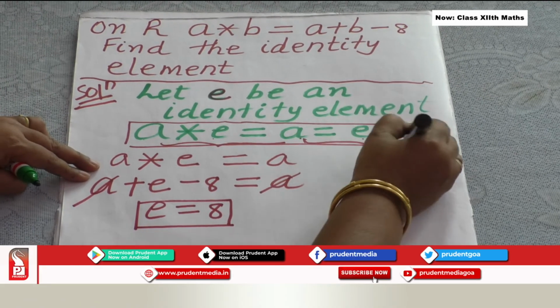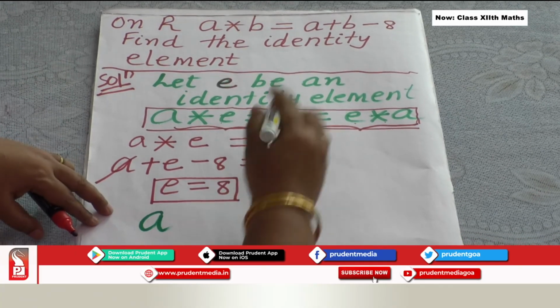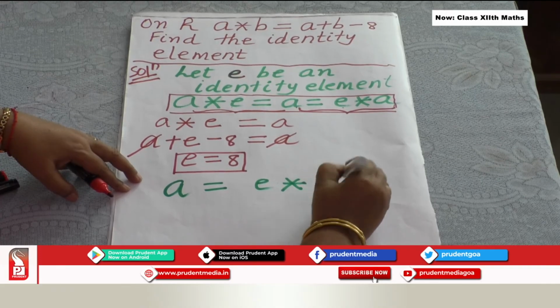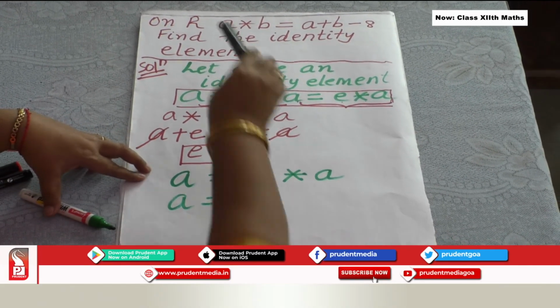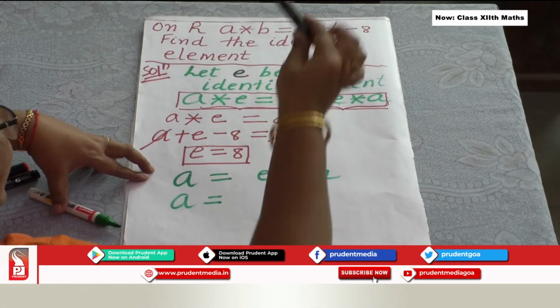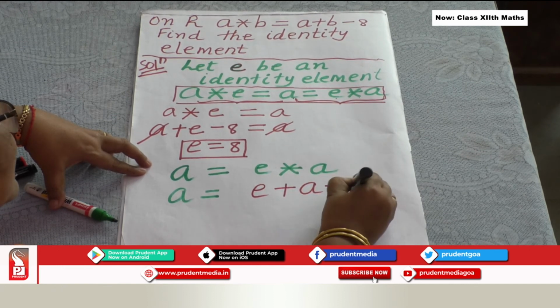Now I have to check the other side also. So I will write A equals E star A. What is E star A? You write here E star A, E plus A minus 8.